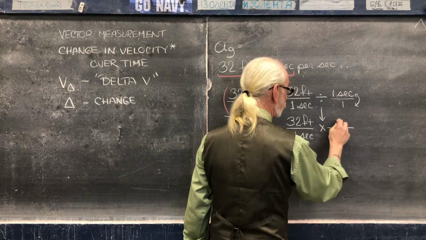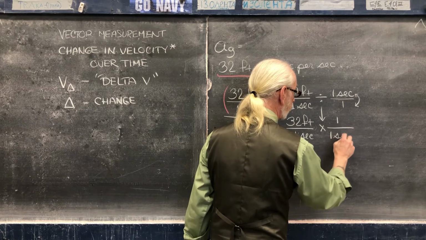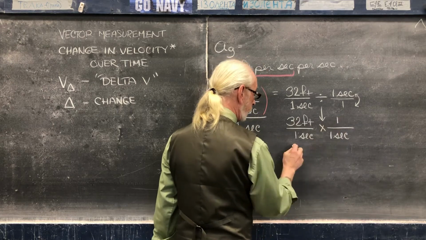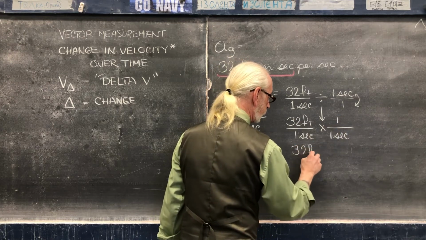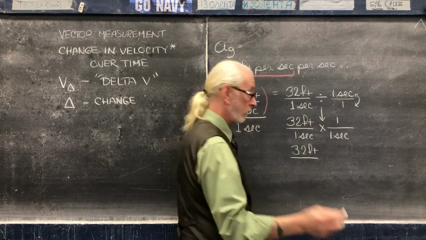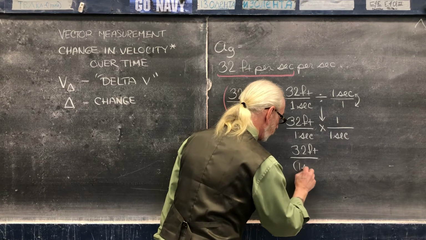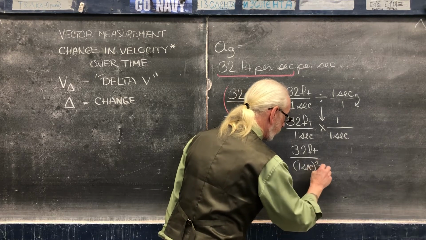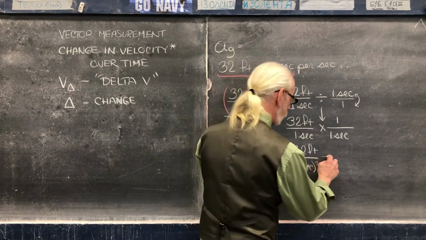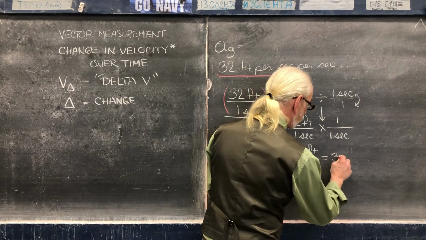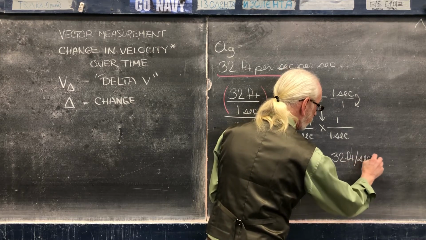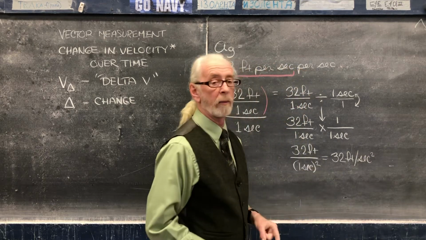And the reciprocal of this is now 1 over 1 second, which equals 32 feet over 1 second times 1 second. Another way to say that, 1 second squared. So now we have 32 feet over 1 second squared, or how about this? 32 feet per second squared.